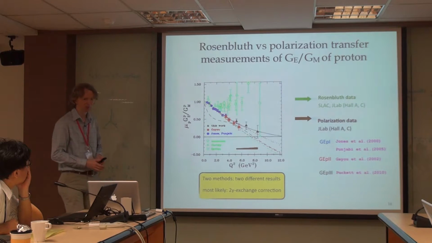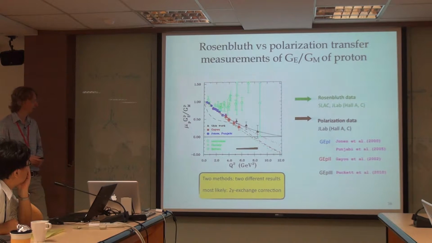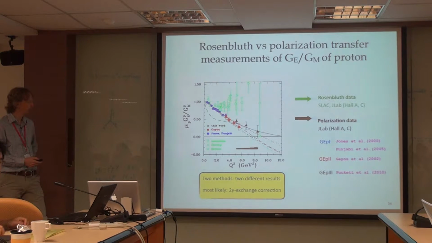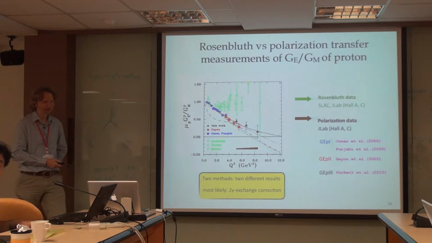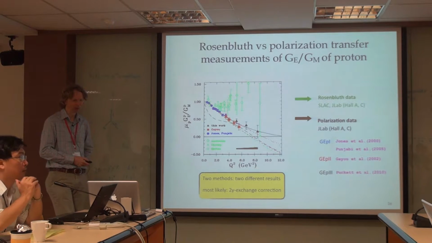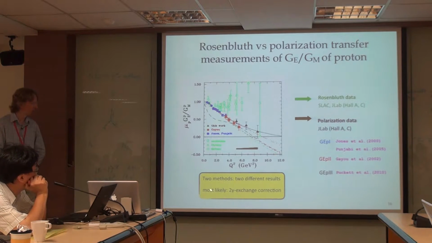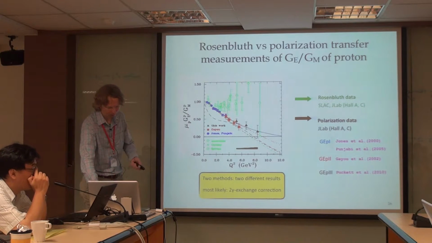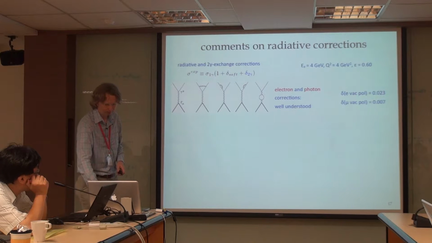So what it means is one has two measurements to measure this quantity, and they give rise to two different results. So I would like to show you in some detail how we understand this puzzle in electron scattering due to two photon exchange corrections, which have not been applied to these data.